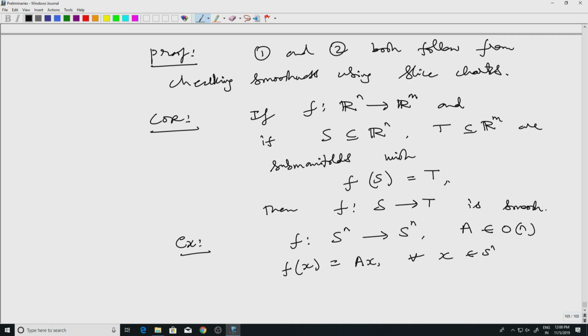So it's just a rotation matrix acting on elements of the sphere.